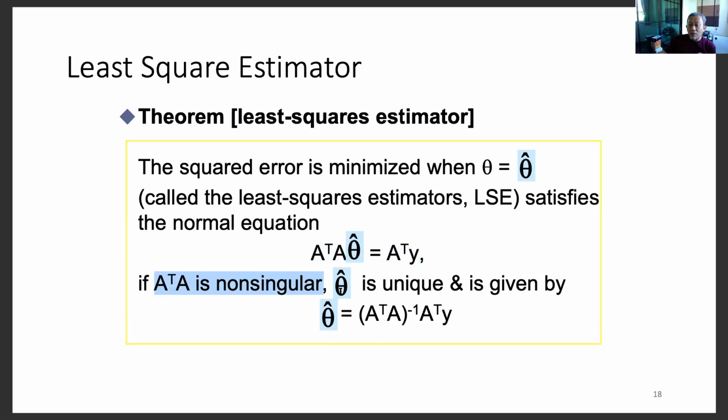Then theta hat is unique and is given by the inverse of A transpose A, multiplied by A transpose multiplied by Y, in order to find the estimated theta.